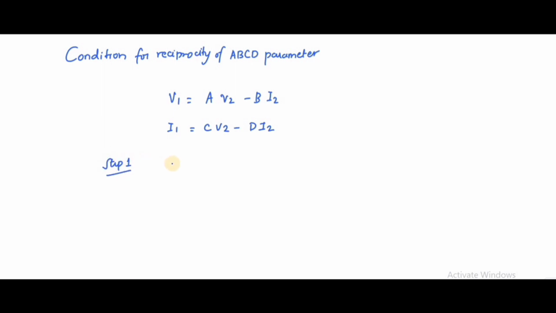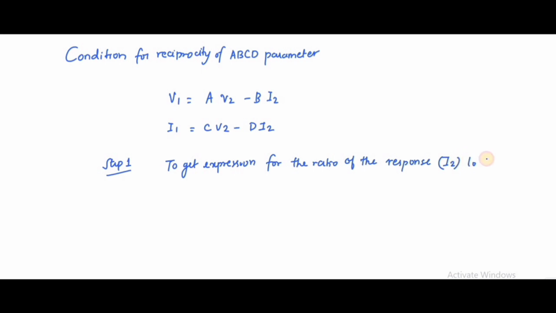So we will equate these. Step one: we need to find the expression. First, we connect V1 at one terminal and short V2, thereby finding the current I2. The step is to get the expression for the ratio of the response to the excitation.